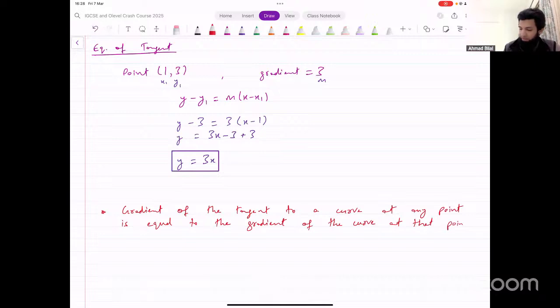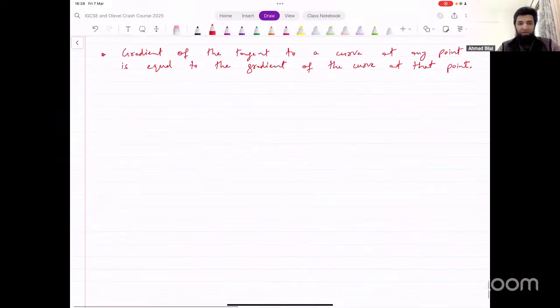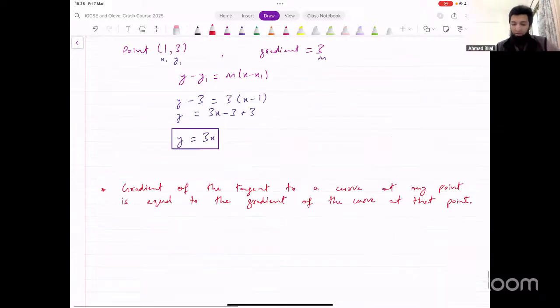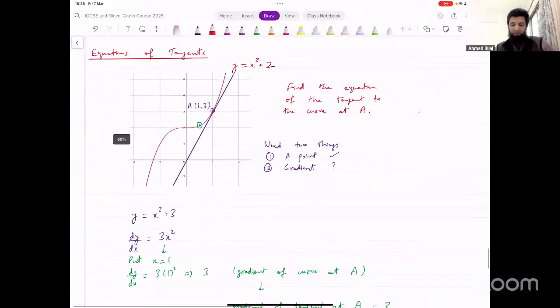Whatever is the gradient of the curve at that point, the gradient of the tangent is going to be the same. Okay, so that's the process for finding the equation of a tangent.